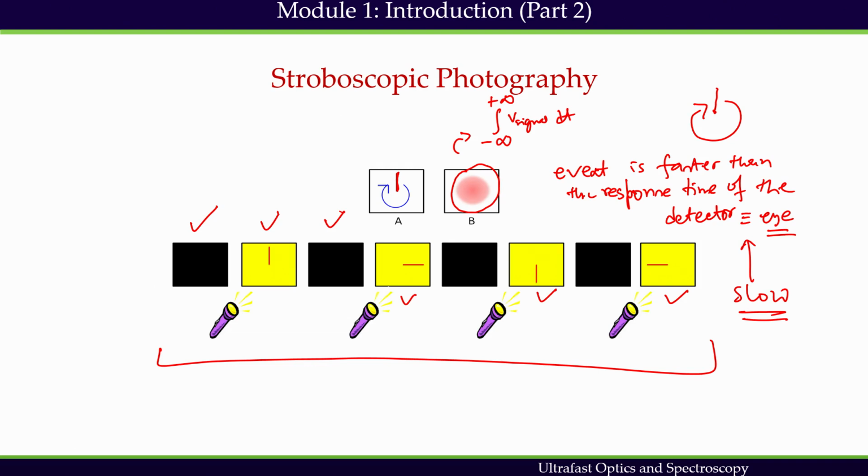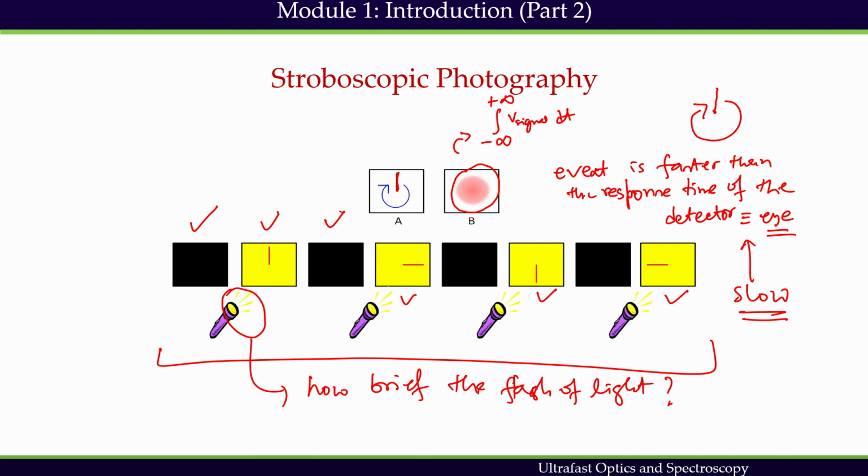So, now the time resolution of this process will depend on how brief a flash of light we can prepare, because if the event is very fast, then we have to have an even faster flash of light.